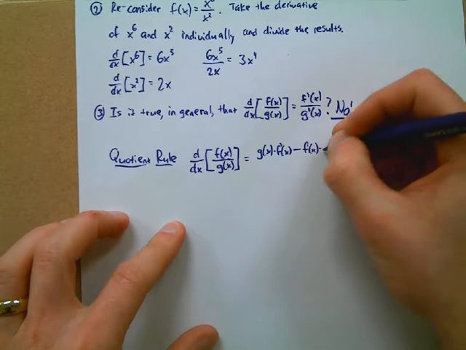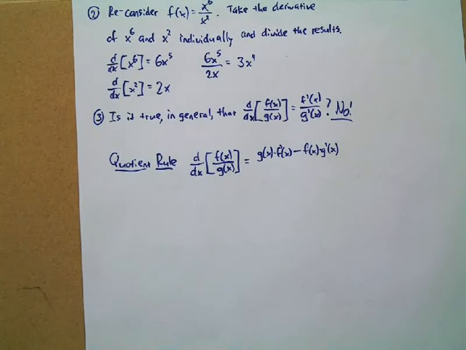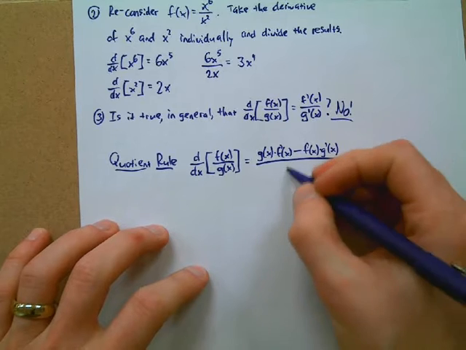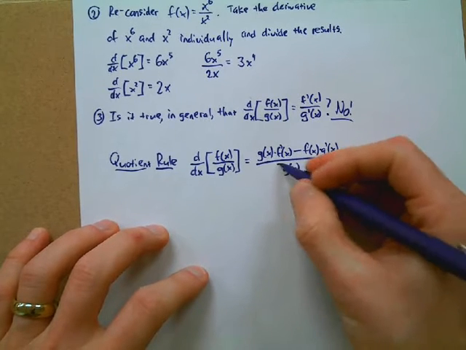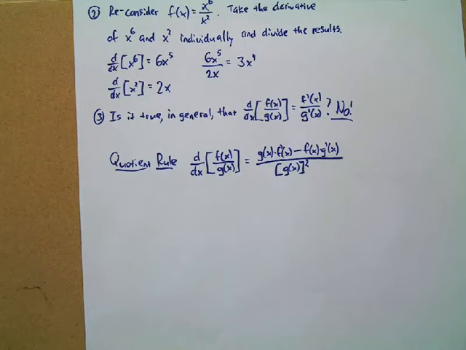And so you're like, oh, okay, this is kind of like the product rule, right? Kind of like the product rule. All over the bottom squared. Okay. Ugh. What a mess. But that's it.